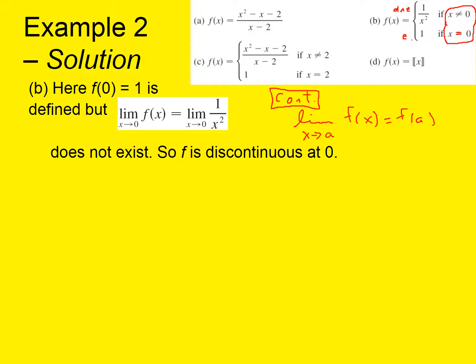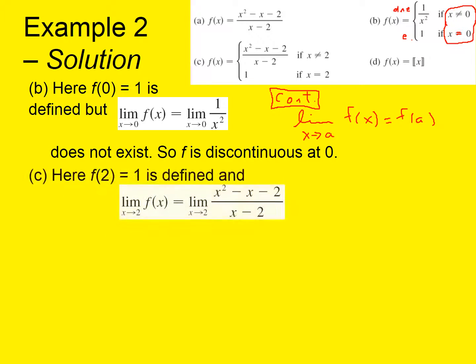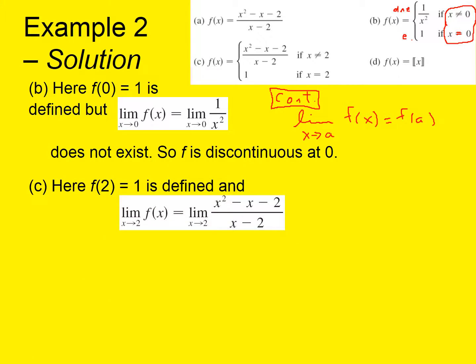Well, what about C? For C, you've got, again, a piecewise defined function. F of 2 is 1, so that's defined. And we're thinking about, well, what about x equals 2? Are we going to be able to write this equation for a equal to 2?